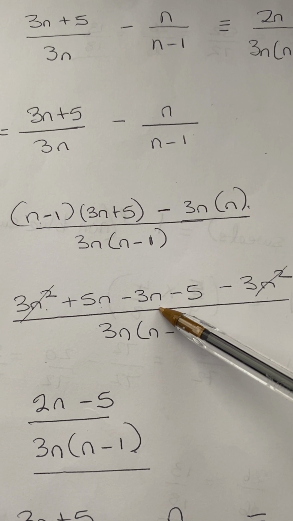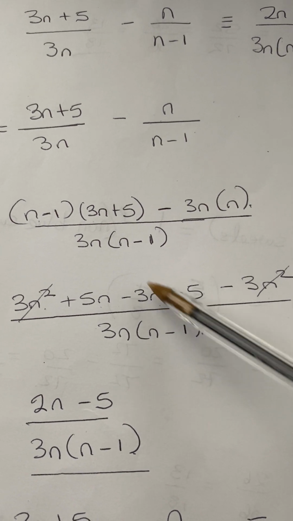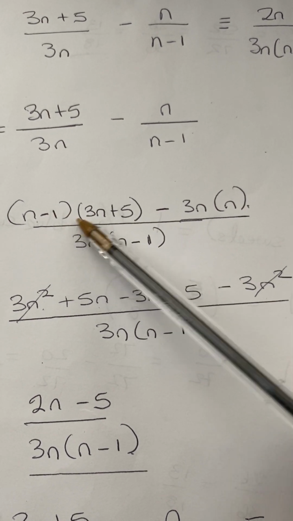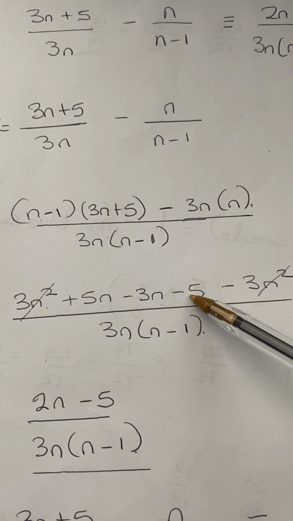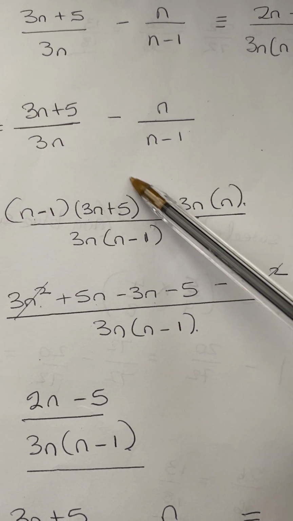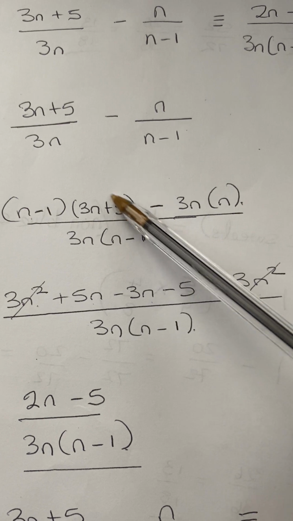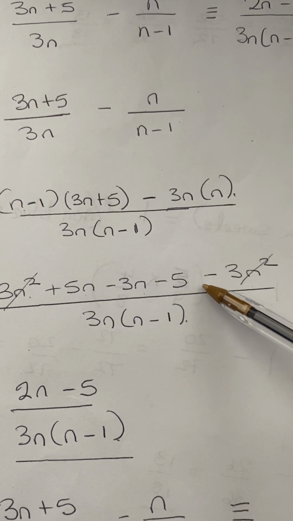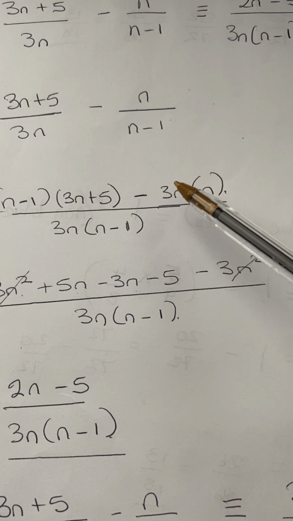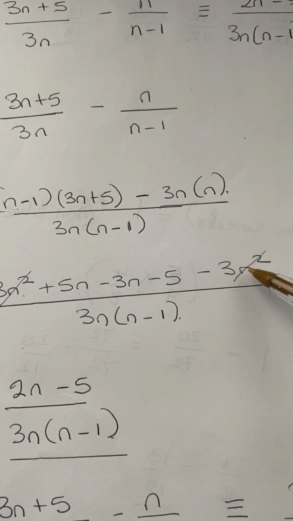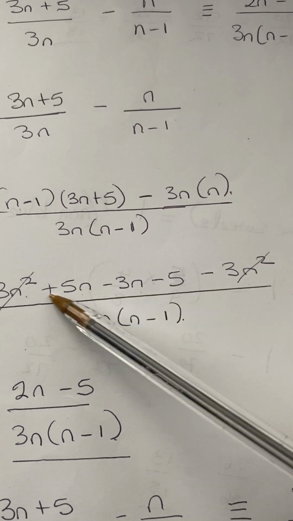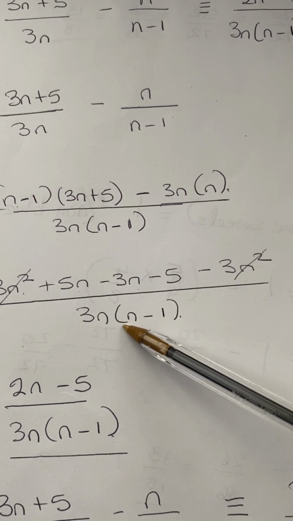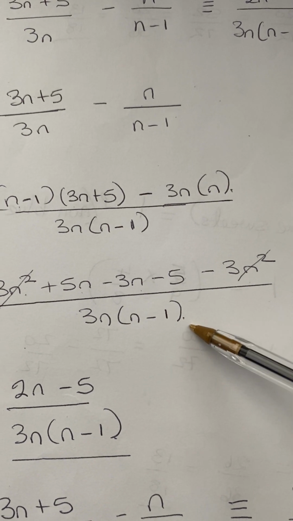Go and look at our algebra series. Minus 1 times 5 will be minus 5. That is just this part of the equation. Then minus 3n squared, which is that part, all over 3n(n minus 1).